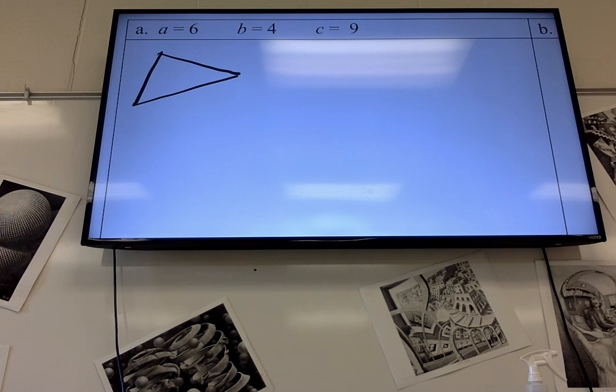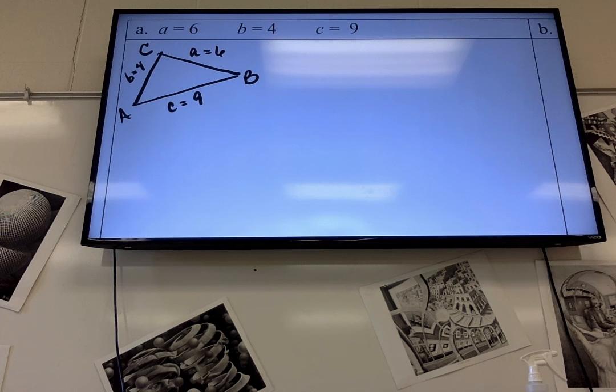I'm trying to get it, but it's just not going to happen. So little a is 6, so that's the side across from big A. Little b is 4. And little c is 9.